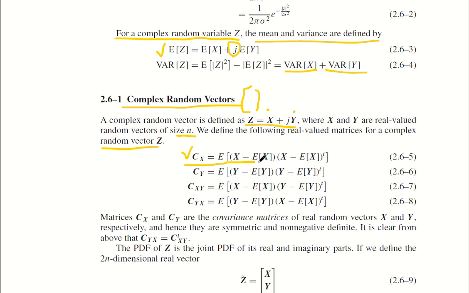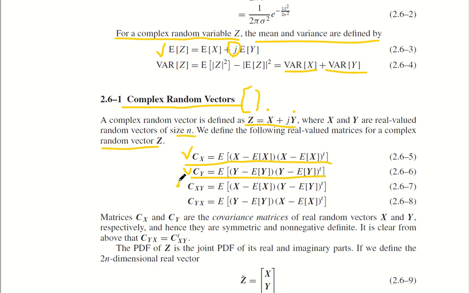This is the covariance matrix for a column real random vector, meaning it's the covariance matrix of a vector of random variables. And y is the same, a vector random variable.